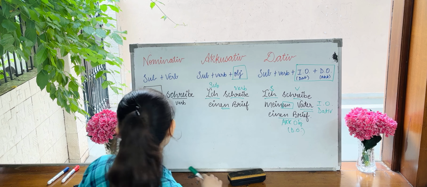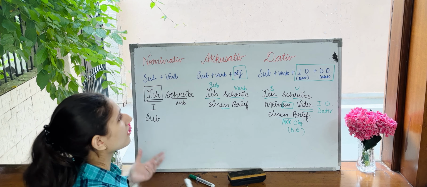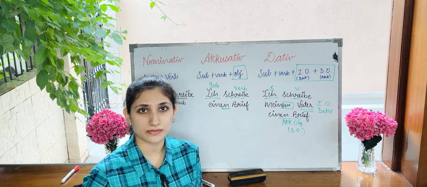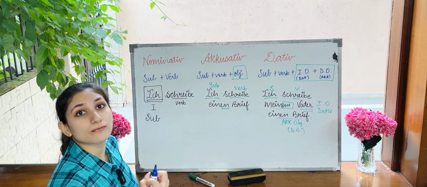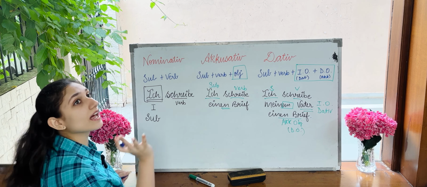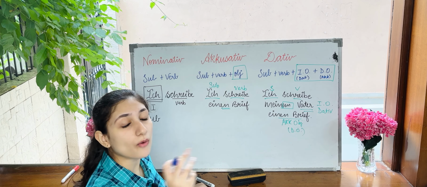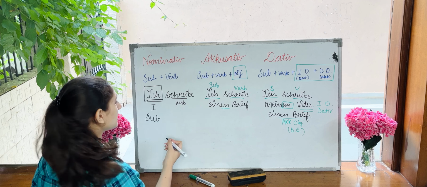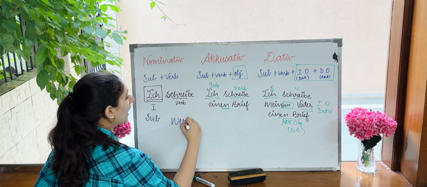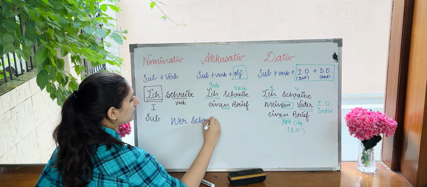Now, sometimes you might wonder how to recognize nominative, accusative, or dative. You can use the W-Frage. For example, ich schreibe. How will you get to know the nominative? You can ask the question: Wer schreibt?